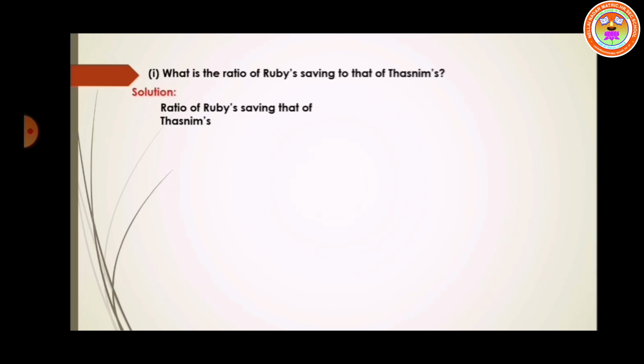So write the ratio of Ruby's saving to that of Dasneem's equals Ruby's saving divided by Dasneem's saving. Ruby has how many piggy banks? Yes, 5. So 1 piggy bank represents 100. So 5 into 100, divided by Dasneem. Dasneem has 4 piggy banks. So you have to write 4 into 100.